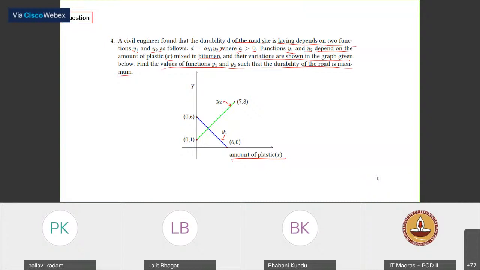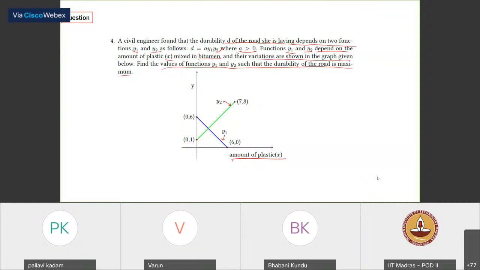Vishisht, we have to find the values of y1, y2 at which the durability of the road is maximum. Inadequate info?